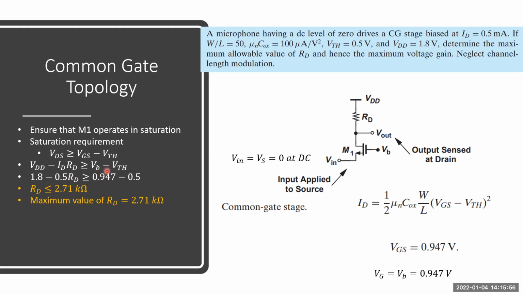What is the VB or VGS? It's given in the question, minus the VTH value. Solving this inequality, it shows that the RD value must be less than or equal to 2.71 kilo ohm. Then we can say that the maximum value of RD equals 2.71 kilo ohm.